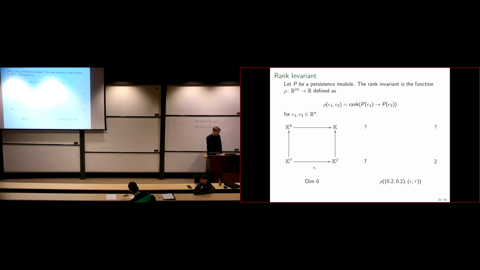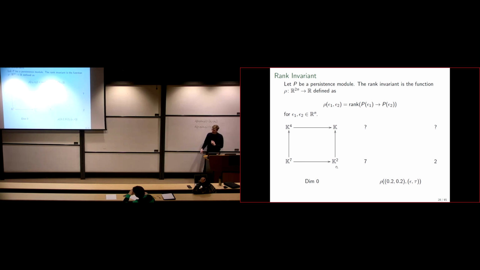But I will tell you what it is. Here at this filtration value, we start with these 7 components. And then these components get merged, right? They get merged with edges into fewer components, and it gets merged to 2 components, right?